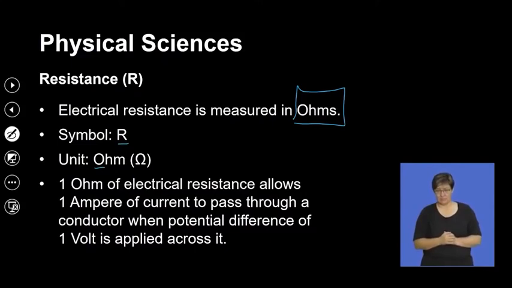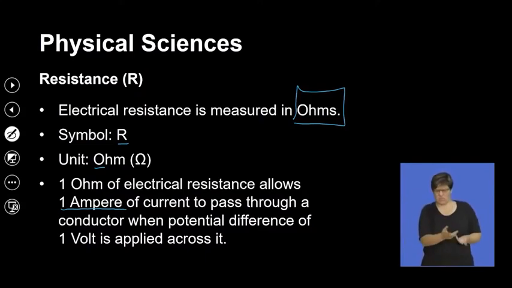Now, how do we define an ohm of electrical resistance? An ohm of electrical resistance allows 1 ampere of current to pass through a conductor when a potential difference of 1 volt is applied across it.